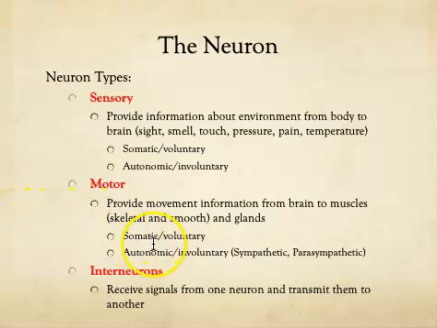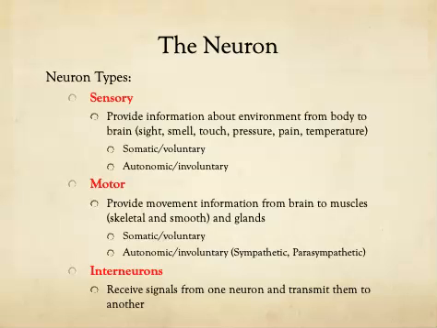Again, some are somatic, some are autonomic. And these responses are generally involving muscle, both skeletal and smooth muscle, and glands. So endocrine glands, the kinds of glands that secrete hormones, and exocrine glands, the glands that secrete other types of substances.